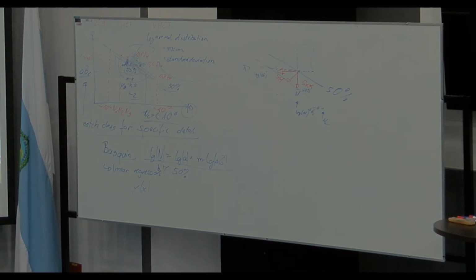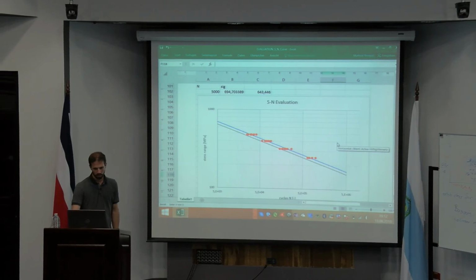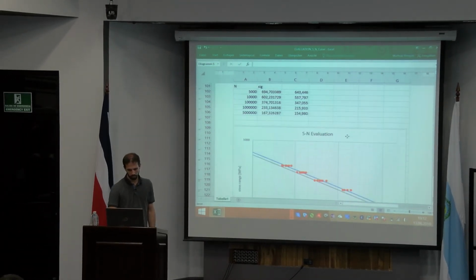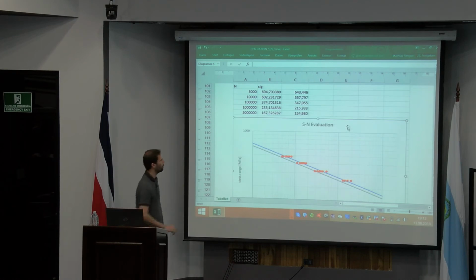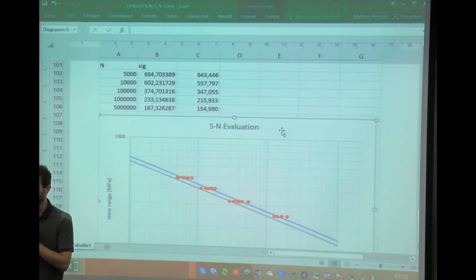And this is particularly what is done if you see such a curve. Due to our parameters, you can give or define your resistance curve in a straight line.